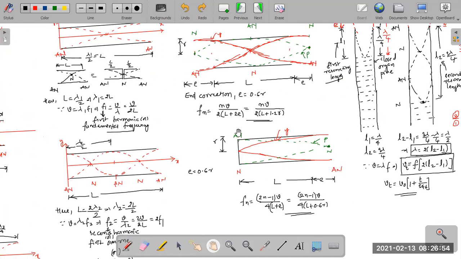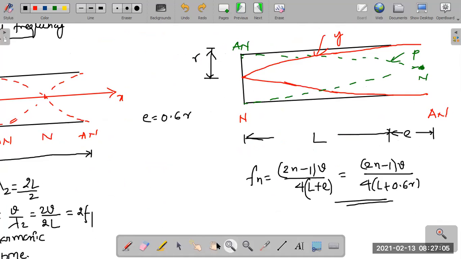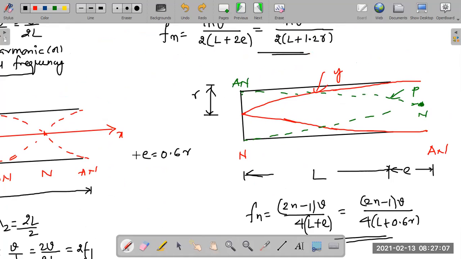After that, you put in the denominator 2 into L plus 2E, because I take both ends, so the total length will be L plus 2E. Here, E is equal to 0.6 R. That's what they found experimentally, based on experimental calculations.